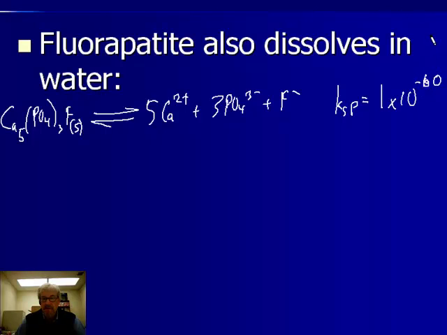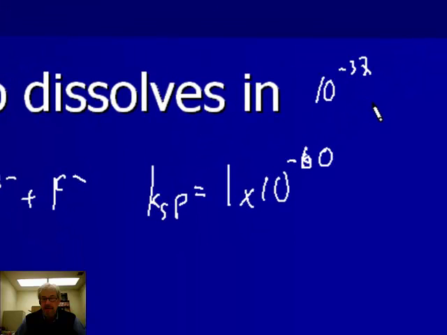For the hydroxyapatite, it was 10 to the negative 37th. Well, this Ksp, 10 to the negative 60th, is more than 1 billion times smaller than the Ksp for hydroxyapatite. So normal tooth enamel dissolves 1 billion times better than fluorided tooth enamel.